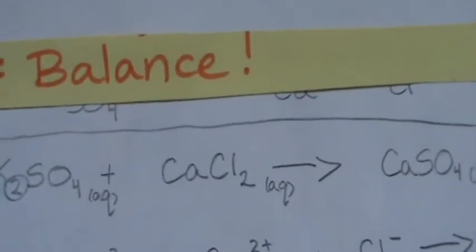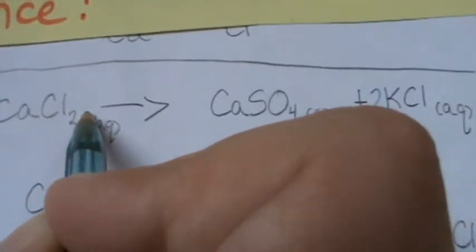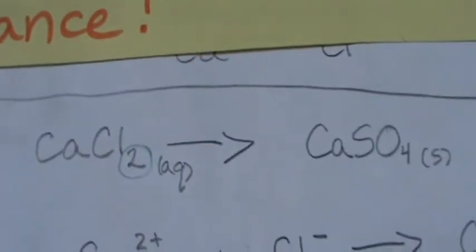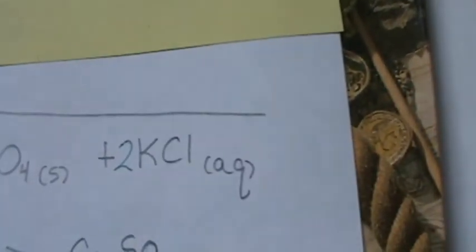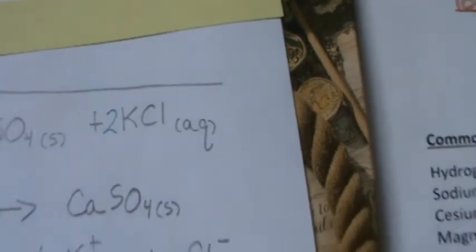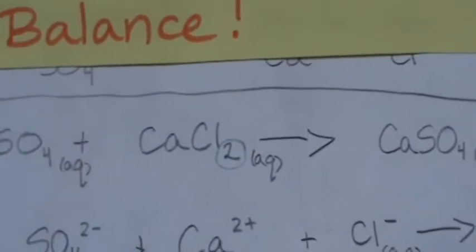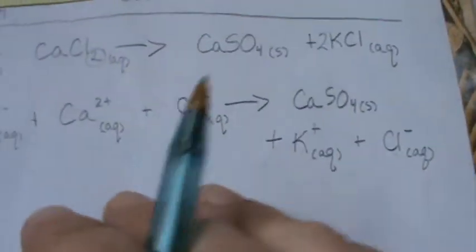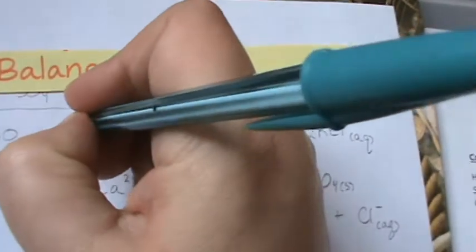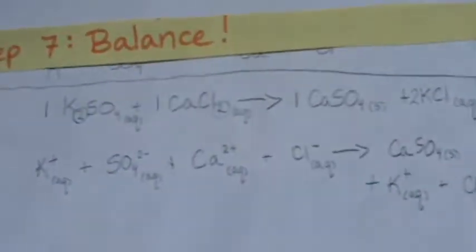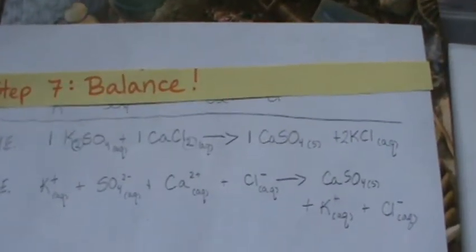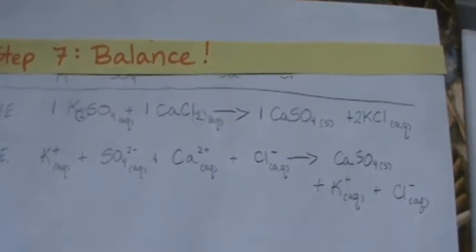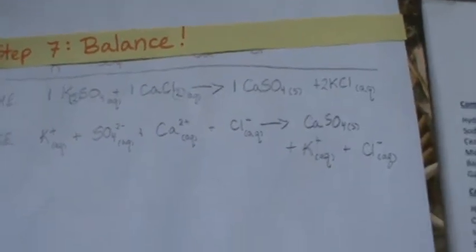And then if I come over here, I say, oh look, I need 2 chlorines here, but the 2 in front of that counts for it. And then I see that I have 1 calcium and 1 sulfate, and so that gets to stay the same. So this balancing is just 1, 1, and 1. So you don't have to worry too much about that.